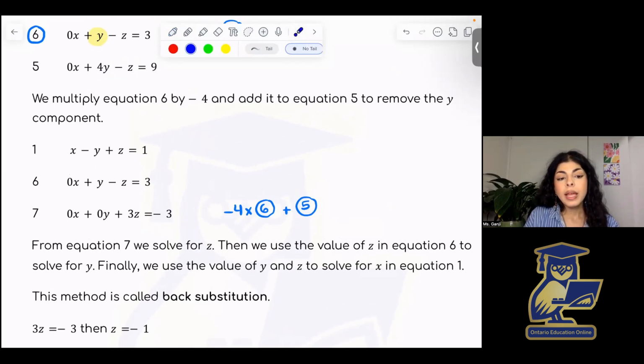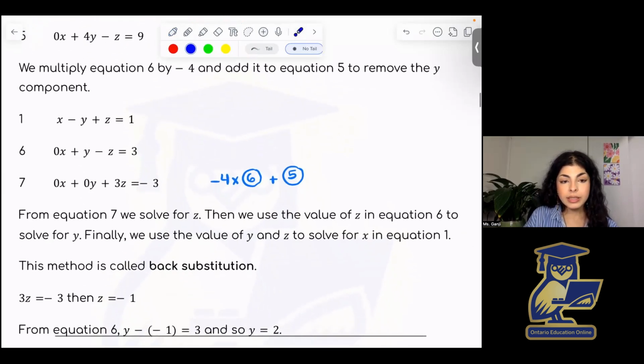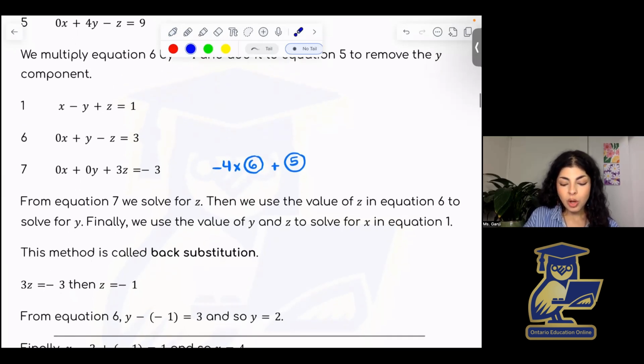Now here, you don't actually need to divide by 3 one more time and come up with equation 8. You can start solving it. And here it's clear to see that z is equal to -1. And really what we do, we solve for z here and then substitute it back here because then we only have one variable y.